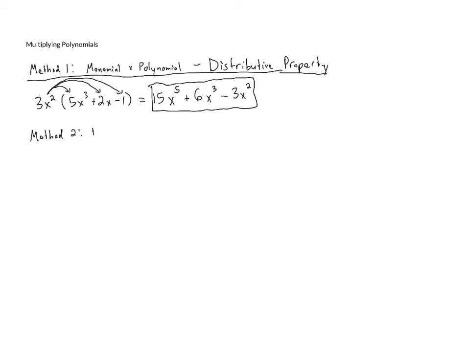And this method is used when we have a binomial times a binomial. For example, we might have 3x minus 2 times 5x plus 7.